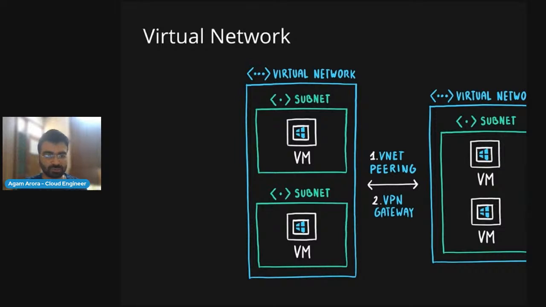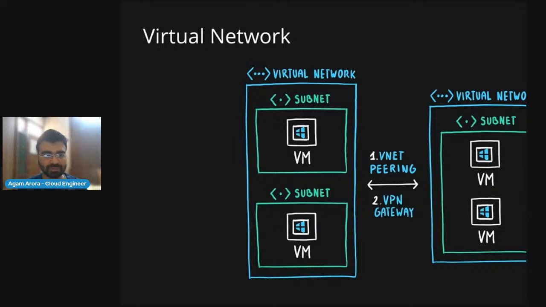So next is the virtual network. We already discussed this, but let's revisit. The main purpose of the virtual network is to enable the connectivity of the Azure resources along with the outside world, which is the internet, and also connecting it with the on-premises or data center applications.